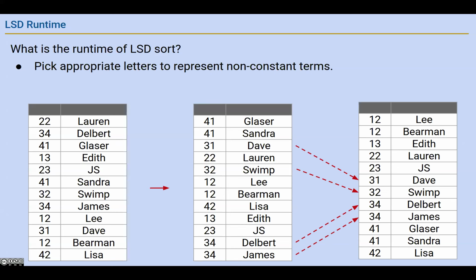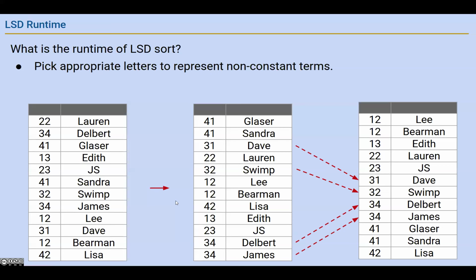Sorry, this is the point where you get the asterisk. Yeah. Theta n plus 20. Well, that's true if we're dealing with 2 digits. And the 20 is also not relevant because it's a smaller order term. But you're getting there. Each time you run a counting sort it is going to take n plus 10 time, which is theta n.